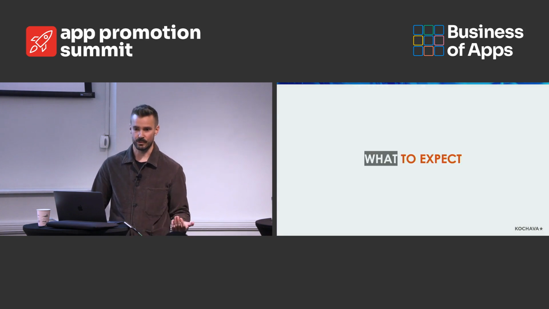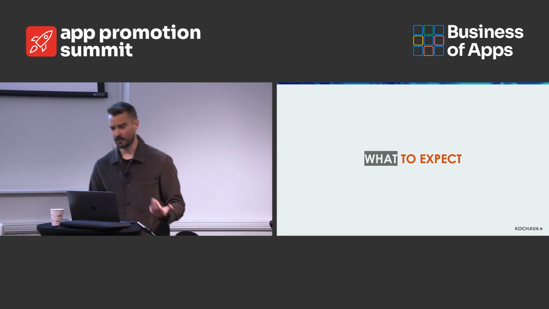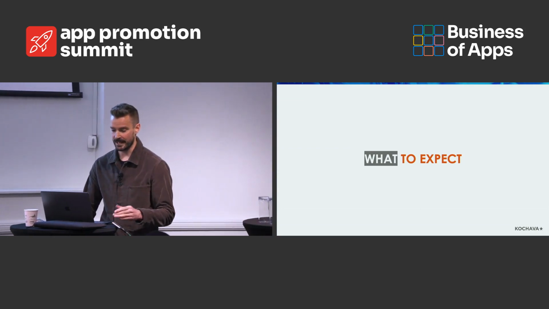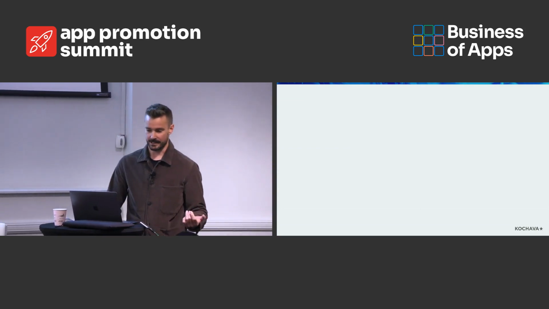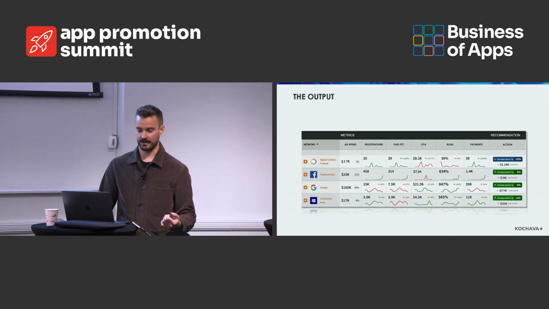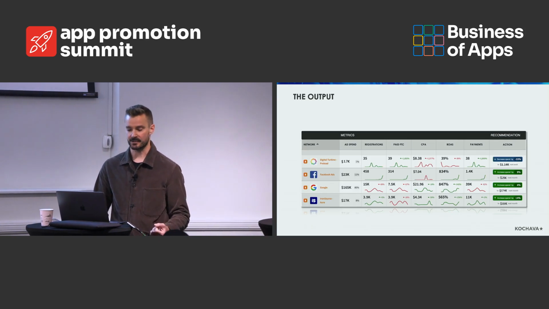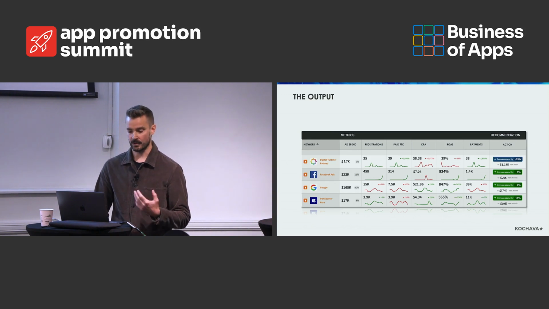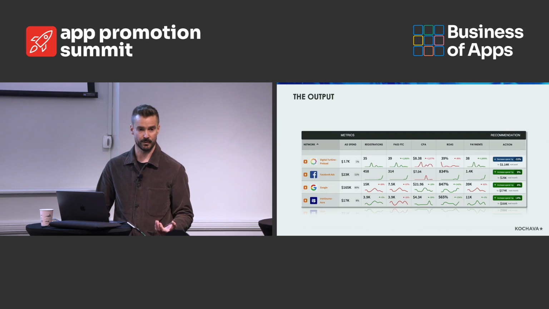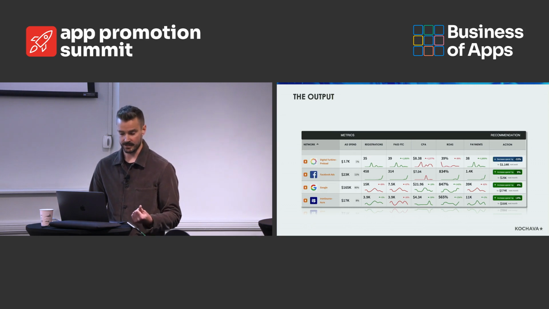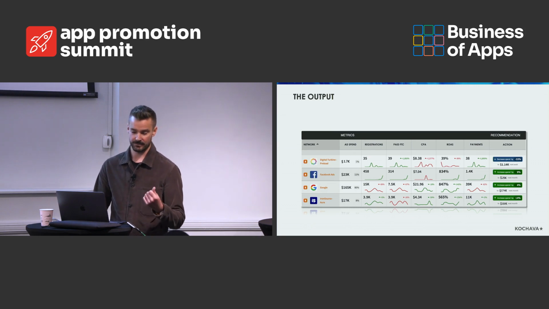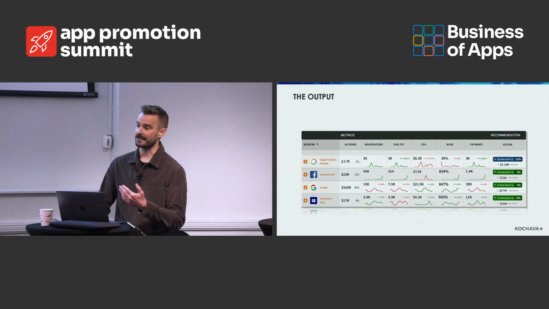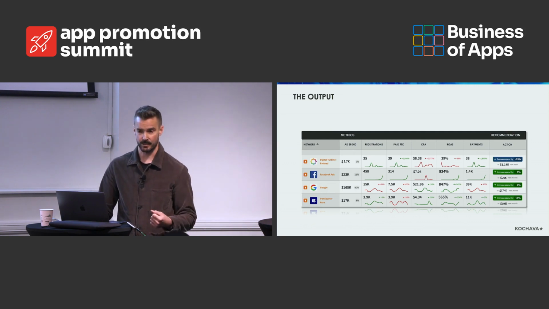Okay, so what to expect? What's the output of an MMM model? As I've said, what you should really be looking for with any supplier is actionable data. You should easily be able to log into the system or pull a report from the system where you can see your registrations, your first-time conversions, your CPA, and then, of course, the recommendation as well.